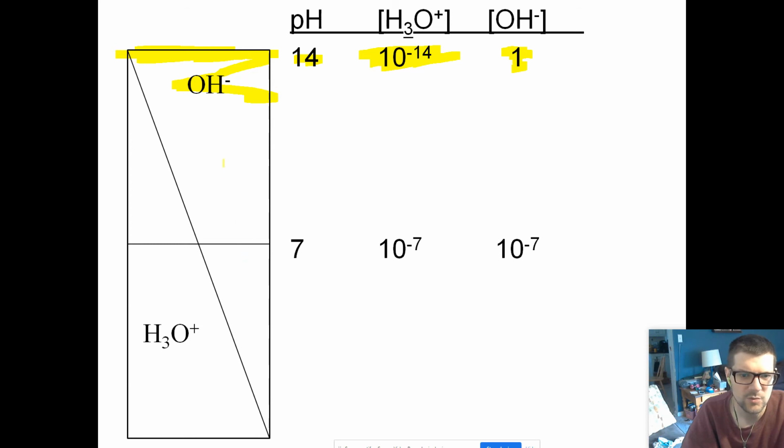In the middle, we've got neutral, where those are equal, and that would be here, right? This is equal to this. And so that's a pH of 7 when they are balanced. The hydronium and hydroxide are about the same, so it could go either way still. And a strong acid is the other way, where we've got all hydronium and very little hydroxide.